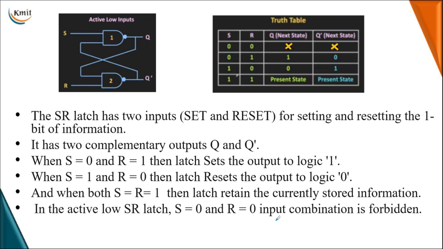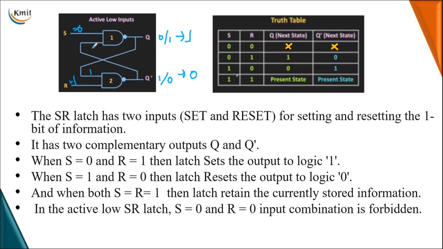Now let me move to the next input condition. If S input is 0, R input is equal to 1. Since the set input is 0, this first NAND gate output, present state 0 or 1, next state becomes logic 1. And that is transferred as one of the inputs to the second NAND gate. Since your complemented state is 1 or 0, it will transfer to logical 0.